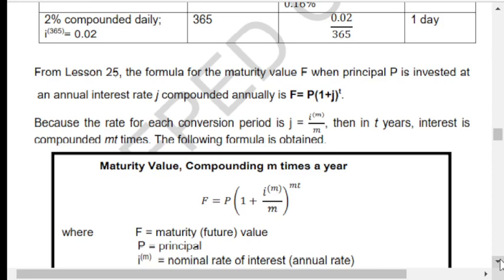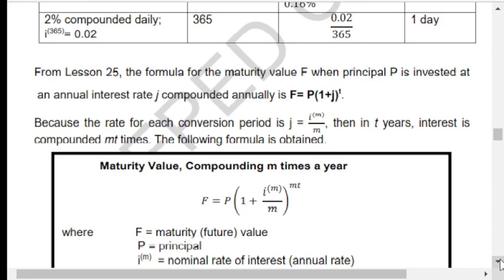Okay, from lesson 25, or the previous lesson on compound interest, the formula for the maturity value F when principal P is invested at annual interest rate j compounded annually is F is equal to P quantity 1 plus j exponent t, wherein your j would be j sub m over m.